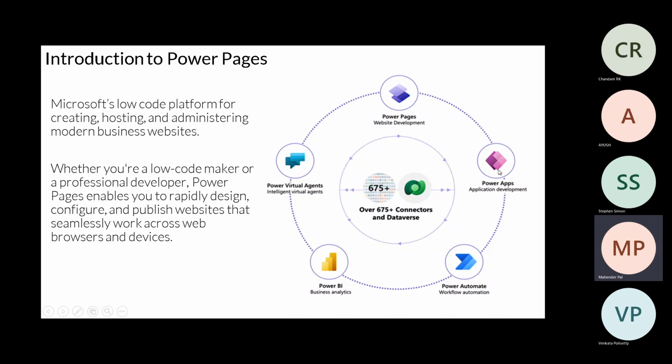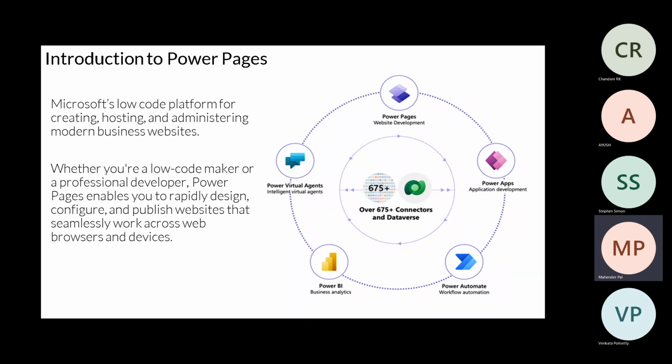So with Power Apps, we build our rich applications. We have different types of applications, the Canvas app and the model driven app. Power Automate is the workflow solution where we can write workflows to automate our business processes, and Power BI is the solution for reporting. Okay, so we build reports for our business and use those reports.